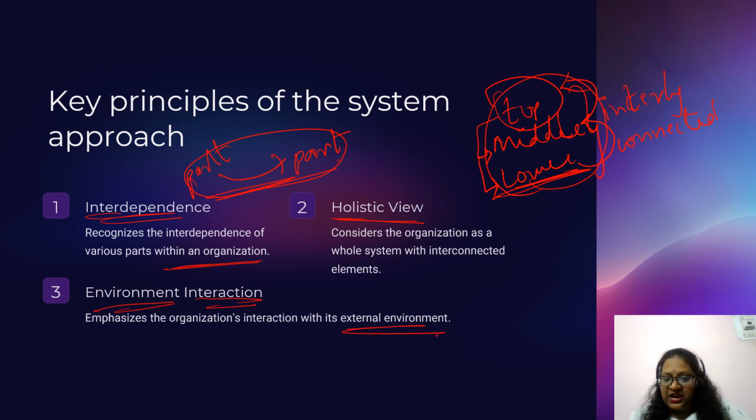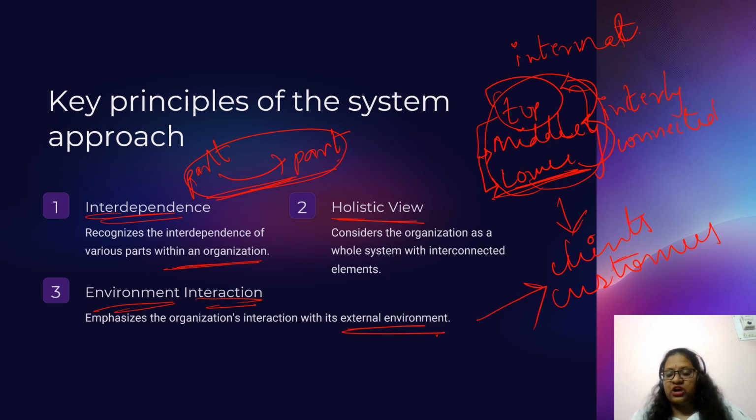The part we discussed is the internal environment. The external environment would be the clients or customers with whom the organization is dealing. How the organization communicates with these clients and customers is also considered in the system approach.